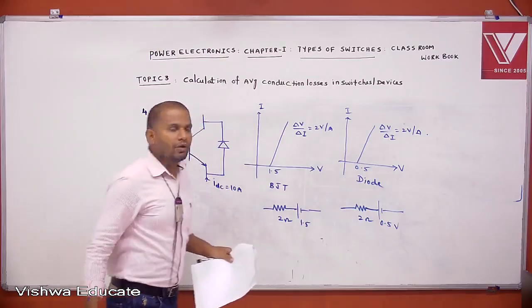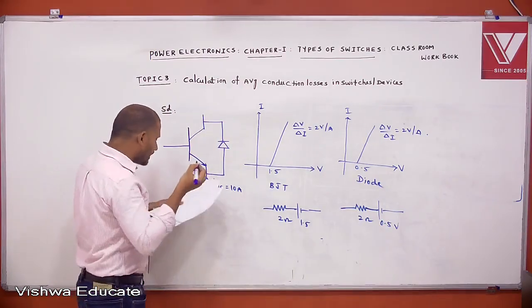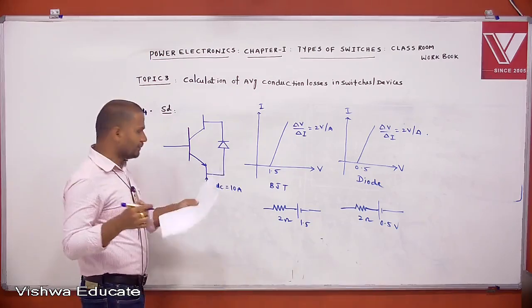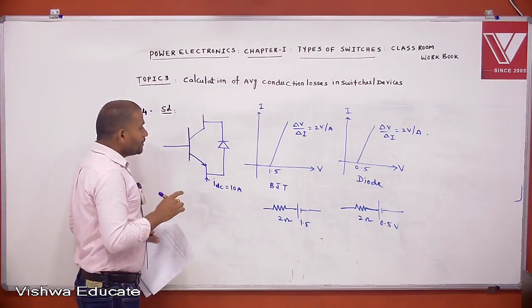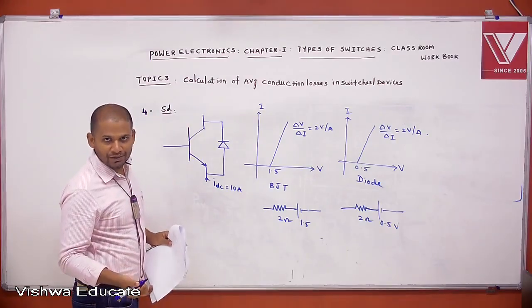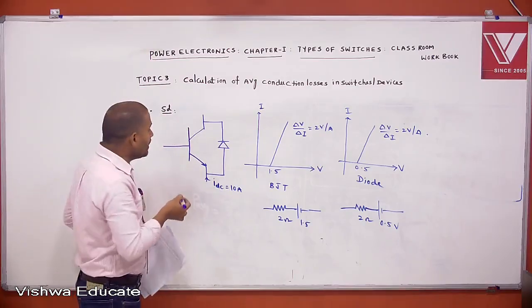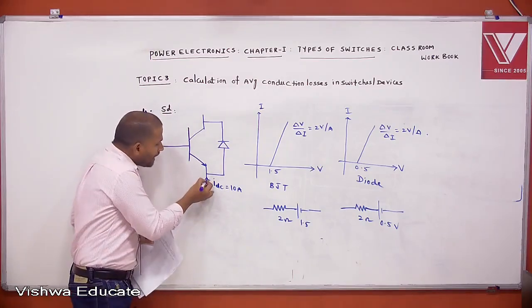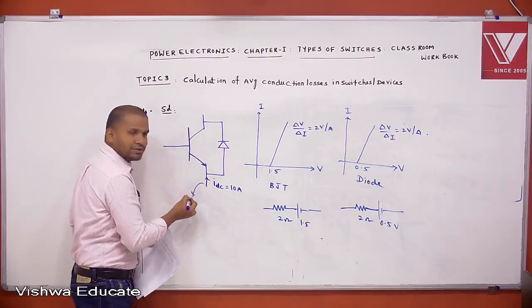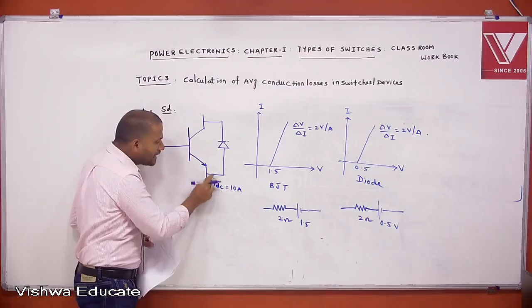Calculate the conduction losses in a device. That means only in the device which conducts do conduction losses take place. Tell me, in which device do losses exist? The device which is conducting, based on the current direction. The diode is conducting with this current direction; 10 amperes current is flowing.